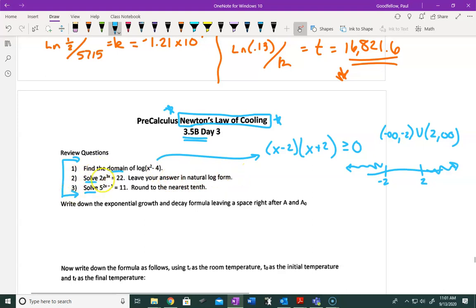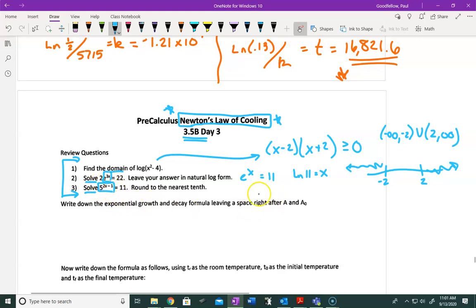The second and third questions are really about isolating exponentials and solving them. So isolate the guy first. We get e to the x is equal to 11, and we'd solve that with an ln, so ln of 11 would equal x, and that's how you'd solve the second one. The third one listed there: isolate the exponential again.